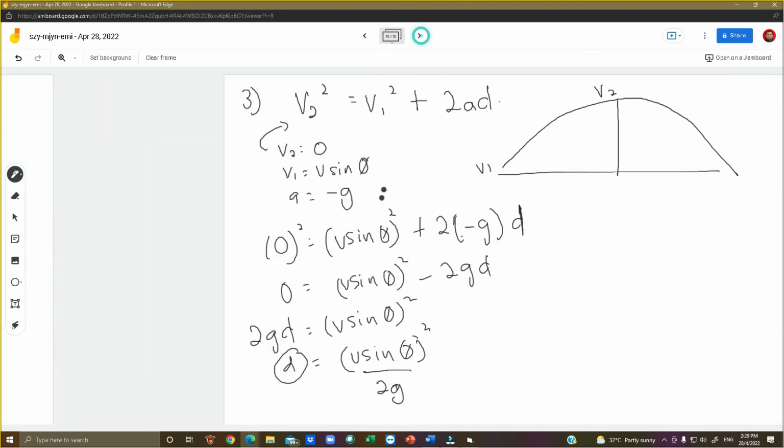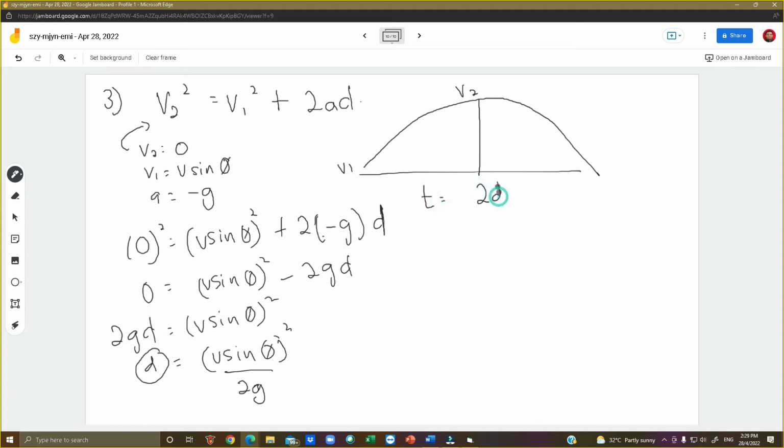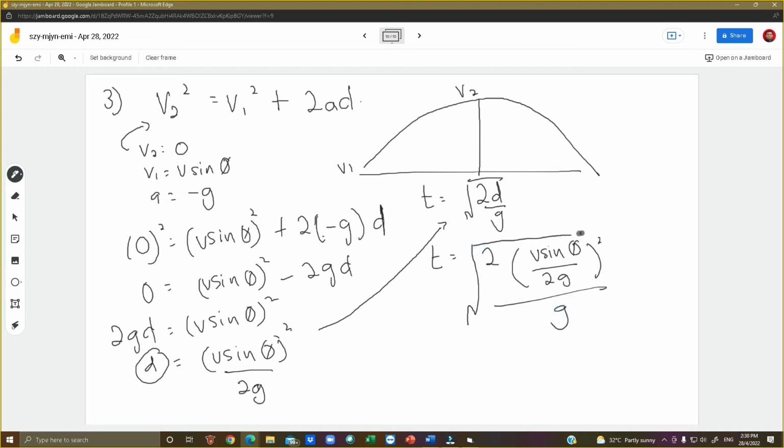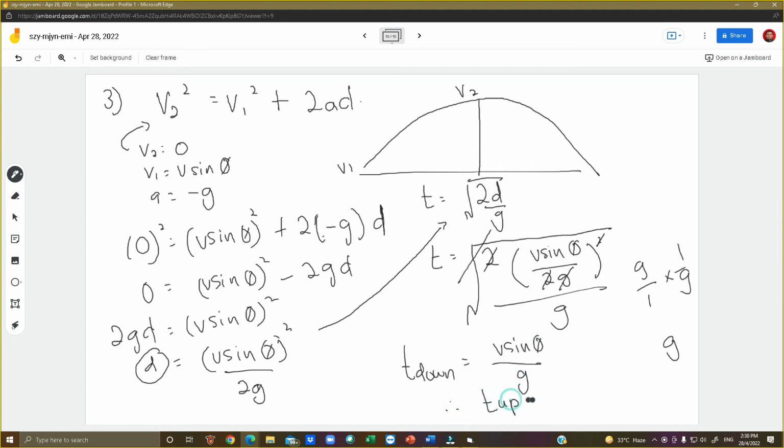Now we are going to substitute this new D into the first part, where we have T equals the square root of 2D over G. So we get T equals the square root of 2 times V sin theta squared over 2G, over G. The power of 2 can cancel the square root, the 2 can cancel the 2, and the G with G, we end up with a single G. So what is left is V sin theta over G, which we have proved that T up equals T down.